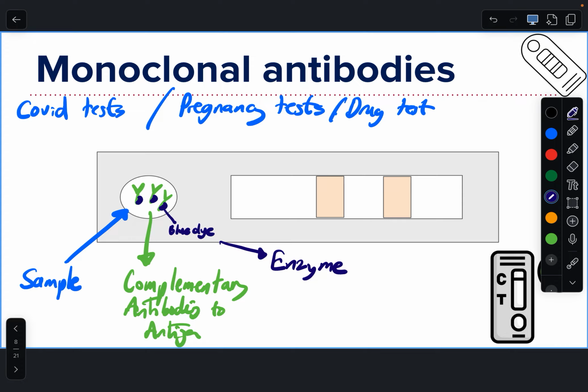So the sample gets put onto there, and if the antigen is present, it will then bind to my complementary antibody like that. Okay? I've then got my test strip. So here I now have another set of antibodies. These are also complementary to the antigen. So the same as this, they are also complementary to the antigen.